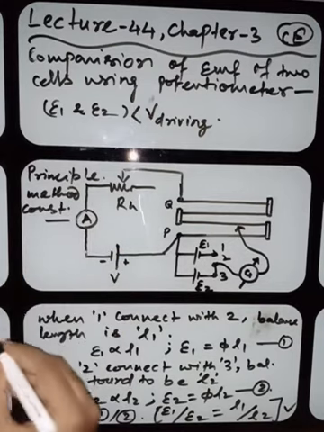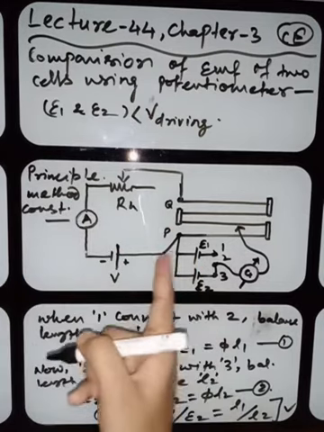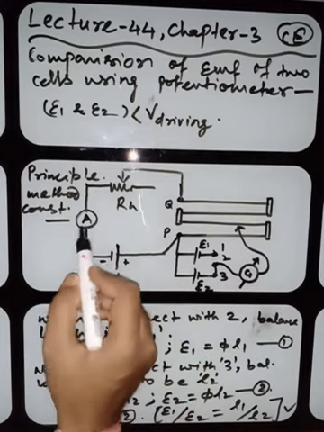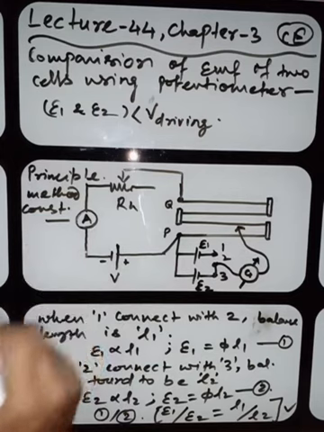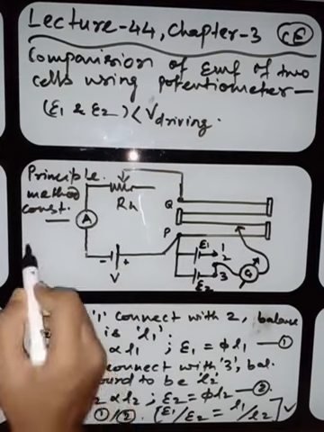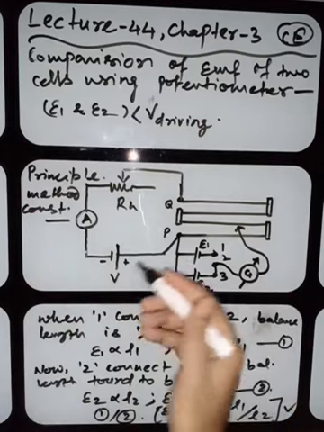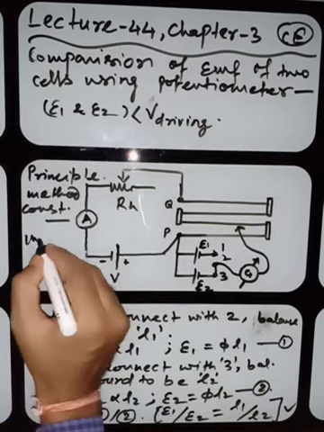You will write the construction, and after construction you have to write the legend, that is A ammeter, RH the rheostat, V the driving cell, E1 E2 the 2 cells, G the galvanometer, etc. And then you have to write the theory.